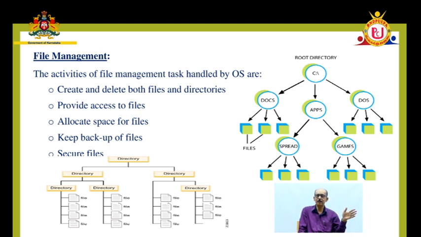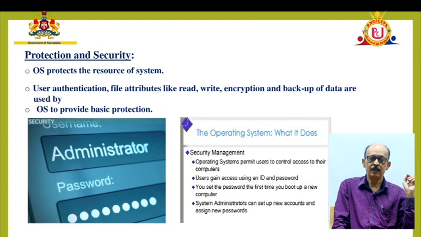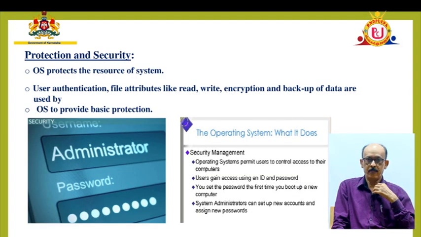It has to allocate the space for every file stored in the secondary memory. This file management is exclusively for secondary memory. Can be hard disk, floppy disk, pen drive, or any other external storage device.